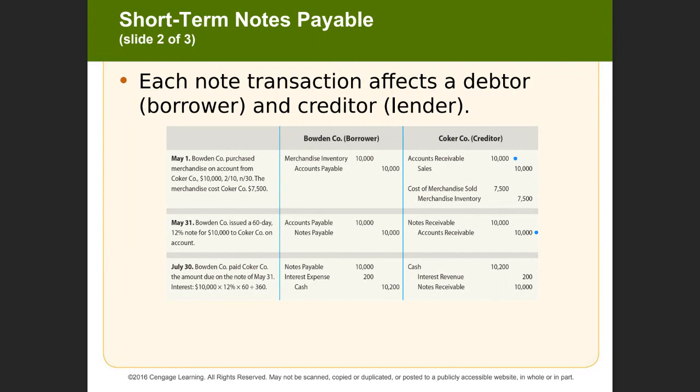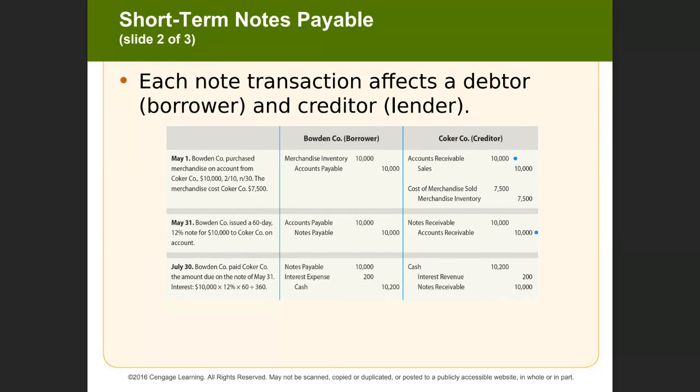So we're going to take that $10,000 times our 12% interest rate times 60 days, because it's a 60-day note. And then we're going to divide that by 360, which is the number that they normally use for the days in the year. So that's how we come up with our interest expense.